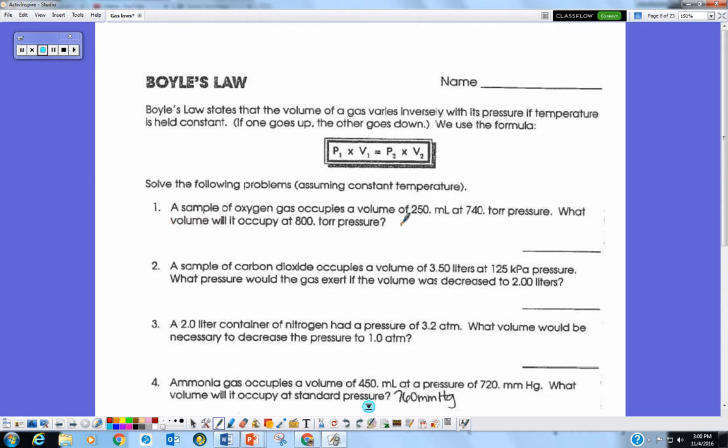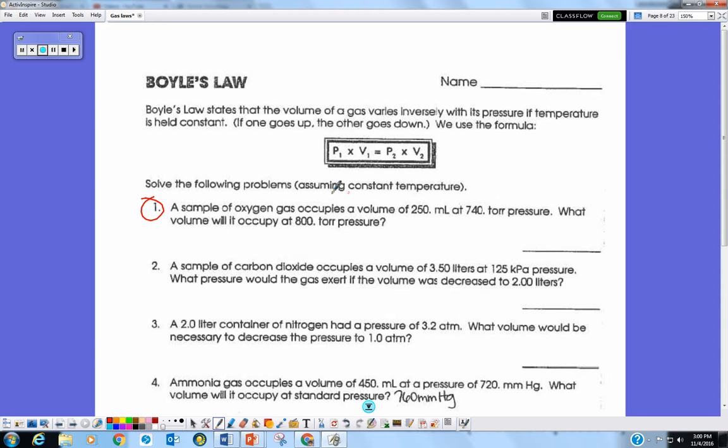we need to go ahead and pull out what our units are, and what our givens are versus what we are looking for. So question number 1. A sample of oxygen gas occupies a volume of 250 milliliters at 740 torr pressure. What volume will it occupy at 800 torr?